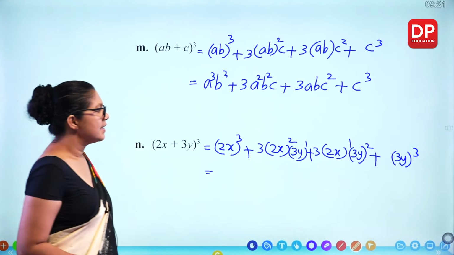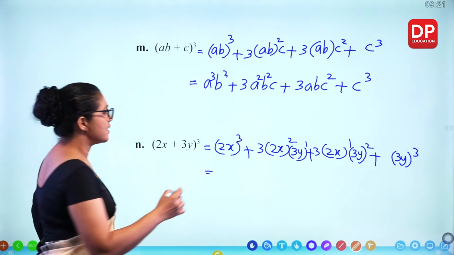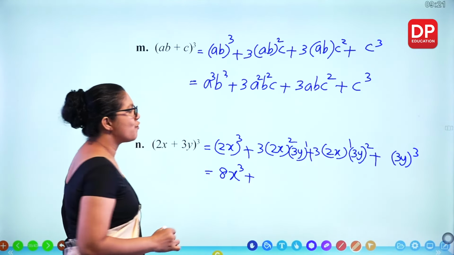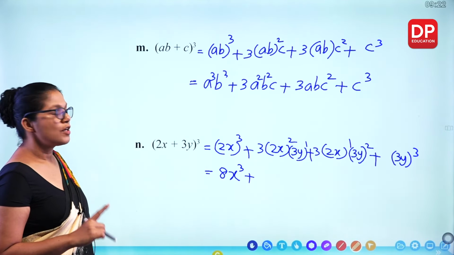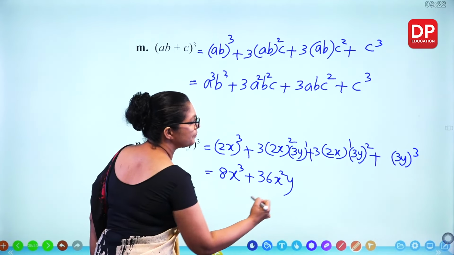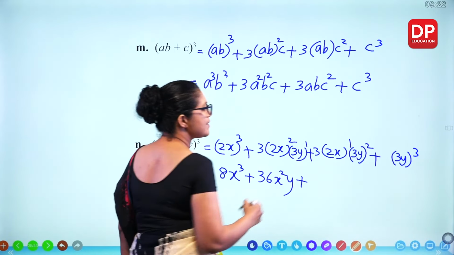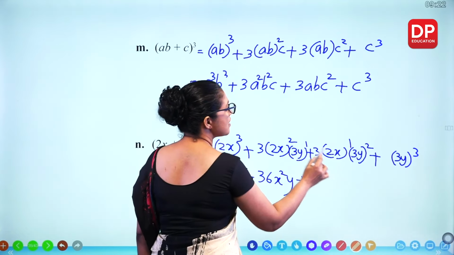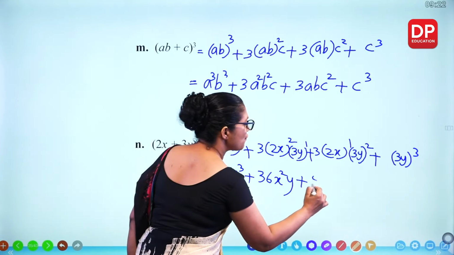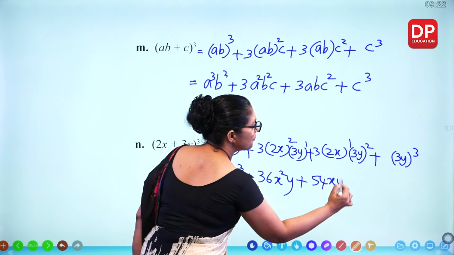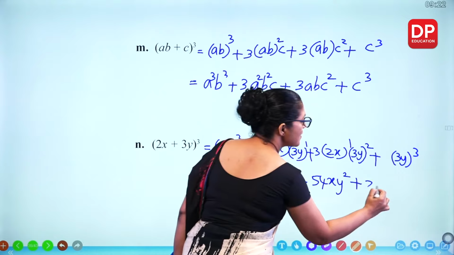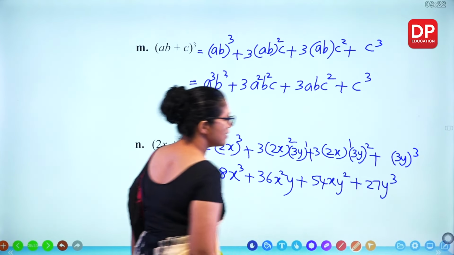Now expand. 2 to the power 3, 8x cubed. Here 2 to the power 2, 4. 4 times 3, 12. 12 times 3, 36. This one, 3 squared is 9. 9 times 3, 27. 27 times 2, 54. This one, 3 to the power 3. 3 to the power 3 is 27 y cube.